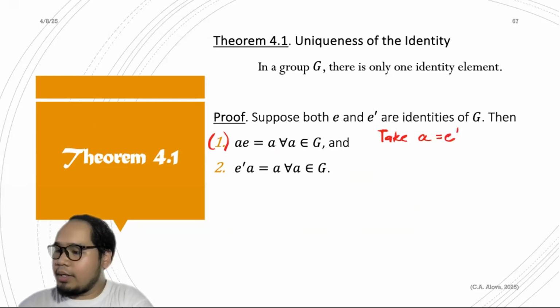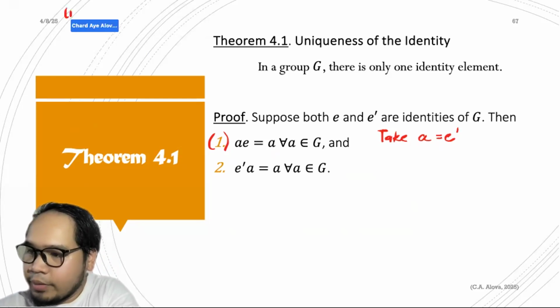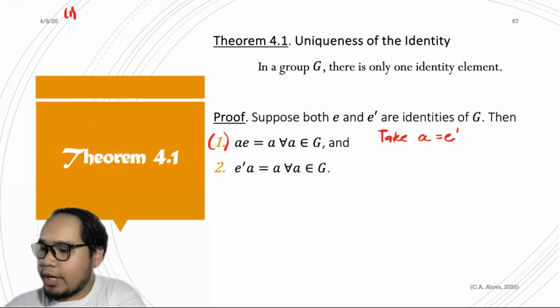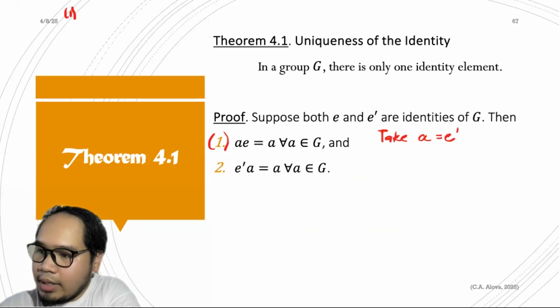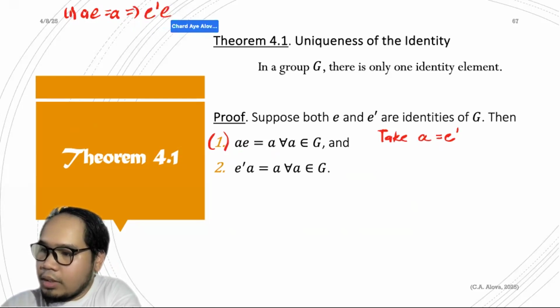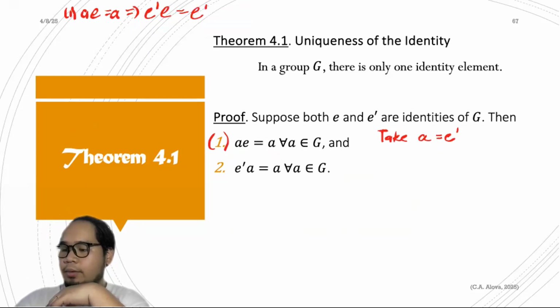If that's the case, statement one becomes A times E equals A, and since A equals E prime, E prime times E equals E prime. So we're going to bank on that for now.